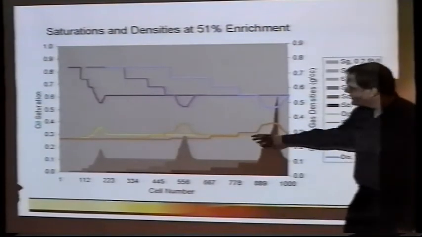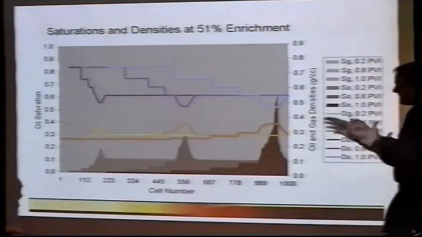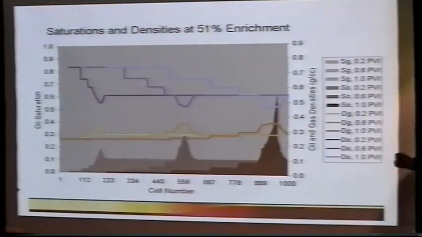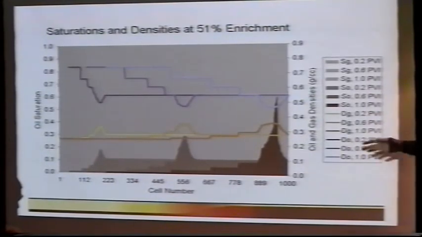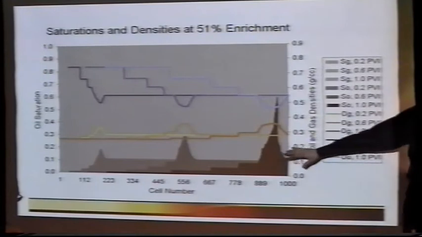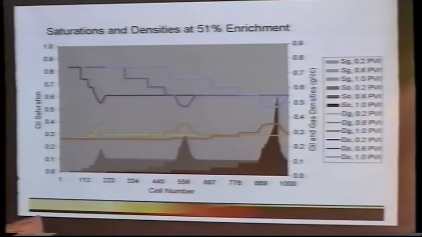So you see the densities are approaching a little bit, but they don't have that sharp peak like they did at the higher enrichment level, and the oil bank is not nearly as well developed. So the slim tube simulator is going to predict considerably less than 100% recovery in this case, even though it is slightly above the minimum miscibility enrichment. Okay.